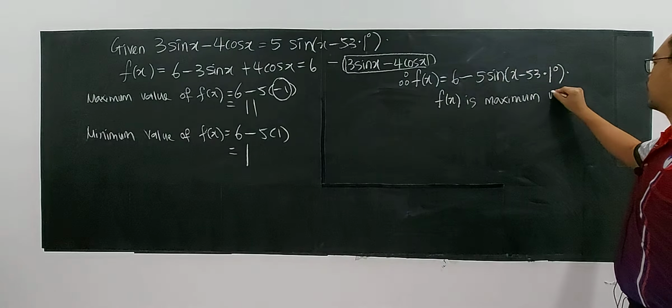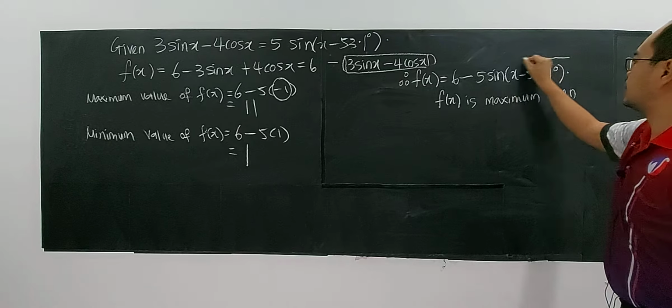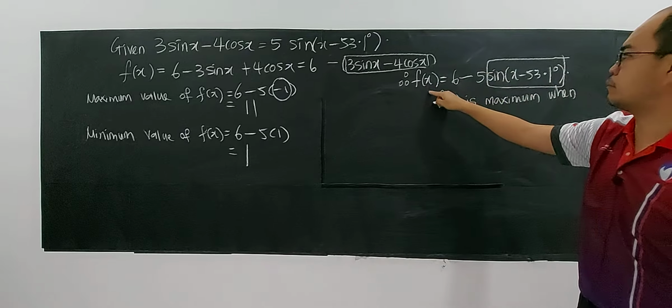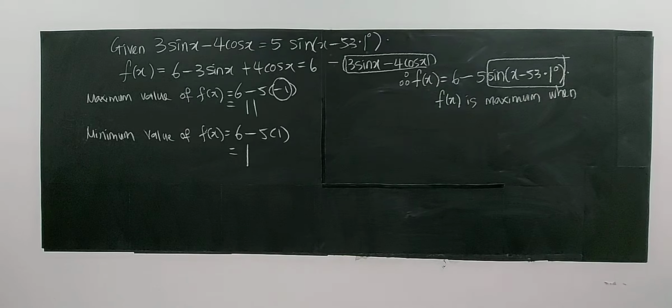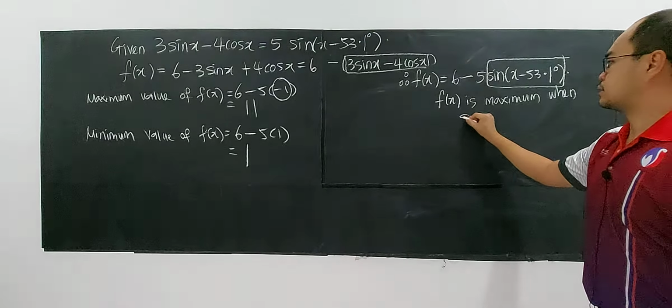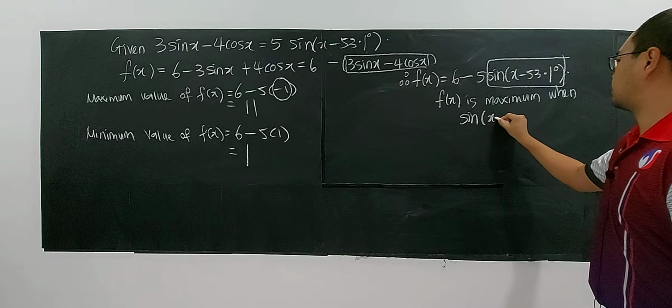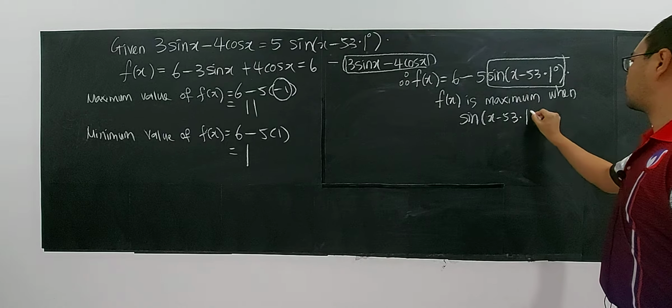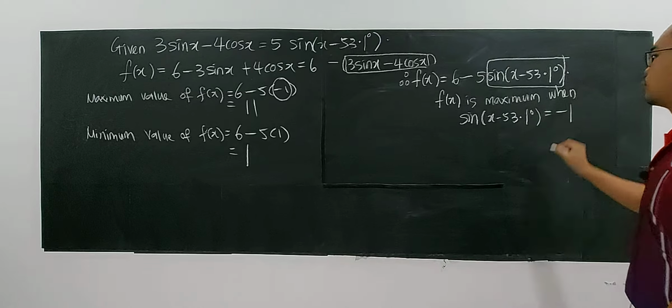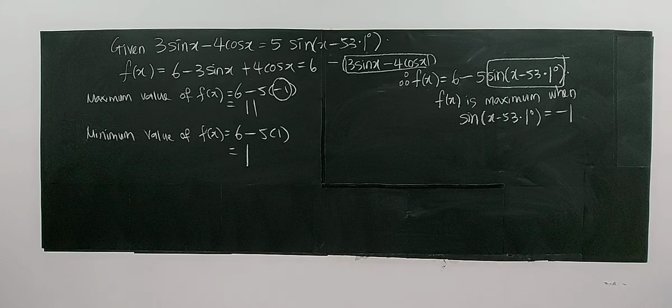Everything, this maximum or minimum, is decided by this number here, right? So it's decided by this number. So it means that it's maximum when sine(x - 53.1 degree) equals -1. That's very important, right?